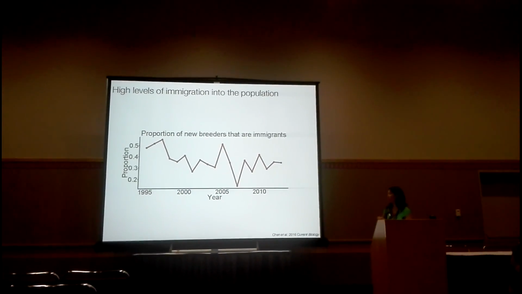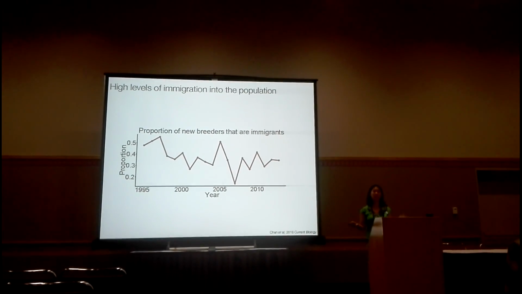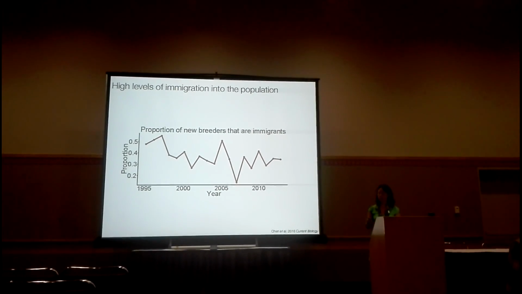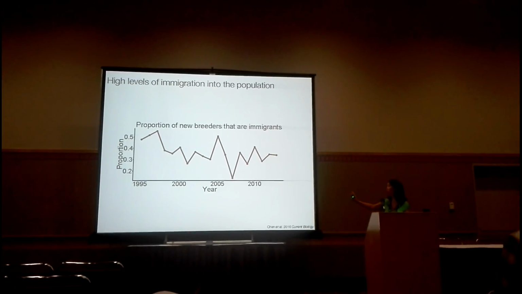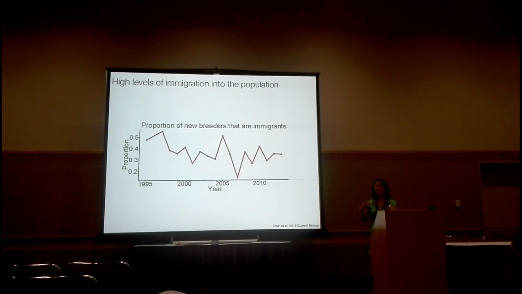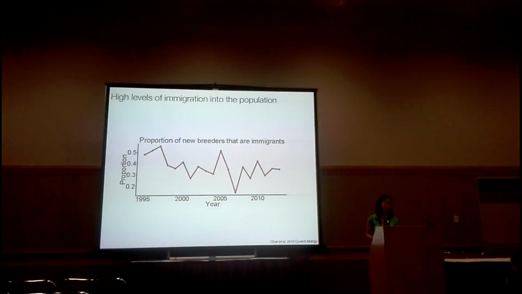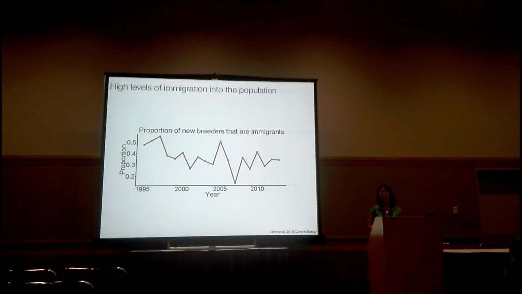Another thing too is that previous work has shown that we actually have really high levels of immigration into our population. Here I'm showing you the proportion of new breeding individuals that are new immigrants, a measure of immigration rate into our population over time, and you can see that it ranges from 0.15 to over 50%.